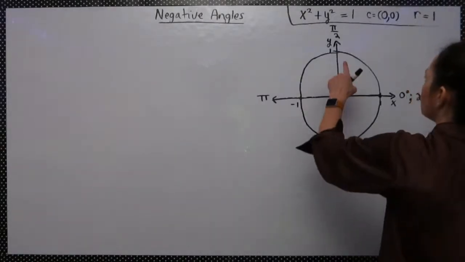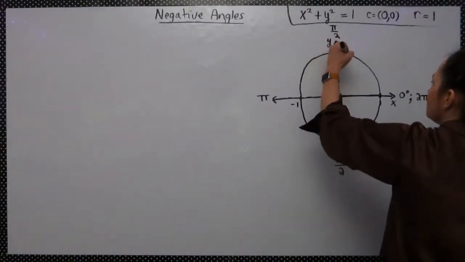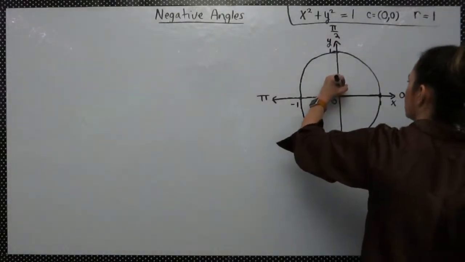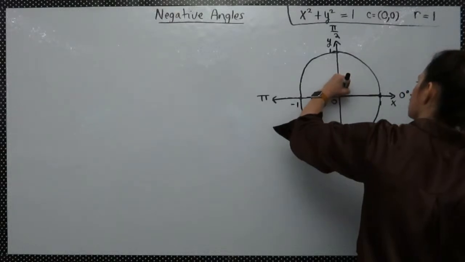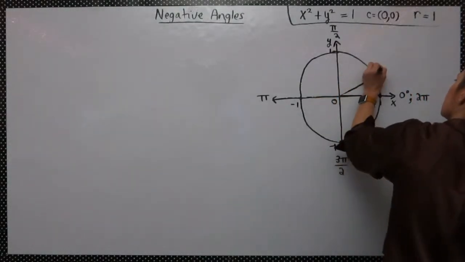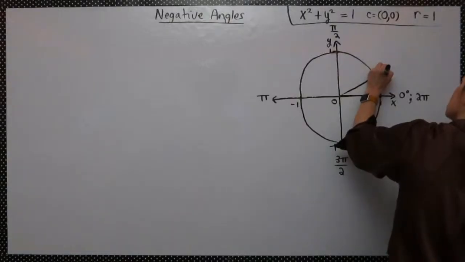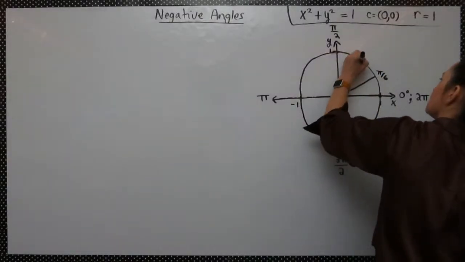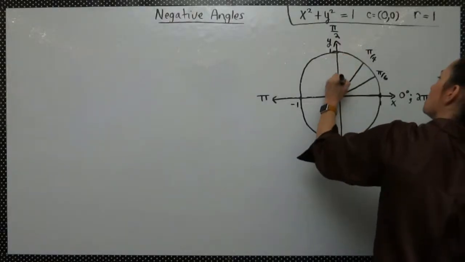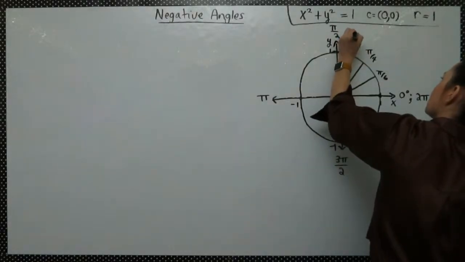And what we talked about was all of these other values. I'm going to put them in really quick. That was pi over 6, pi over 4, and then 60 degrees was pi over 3.